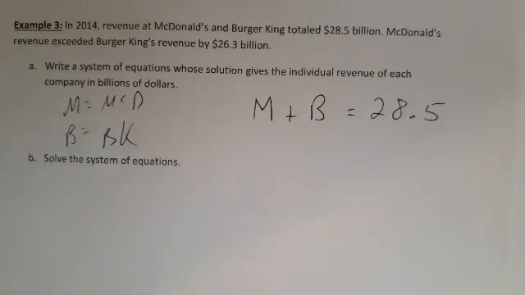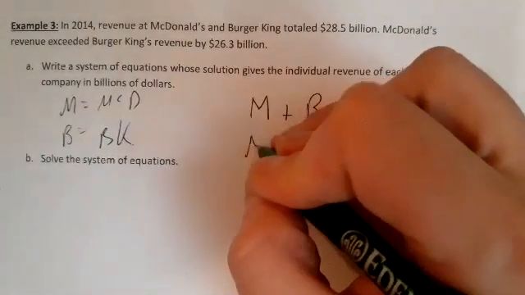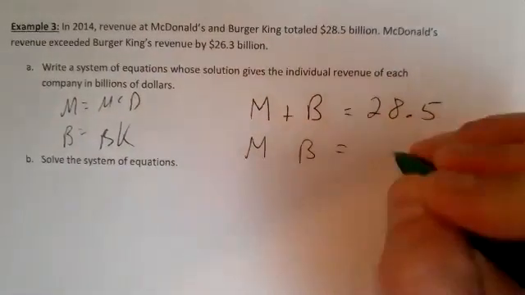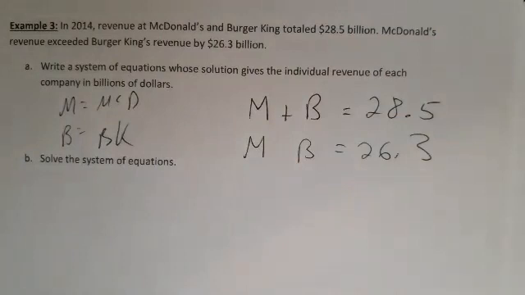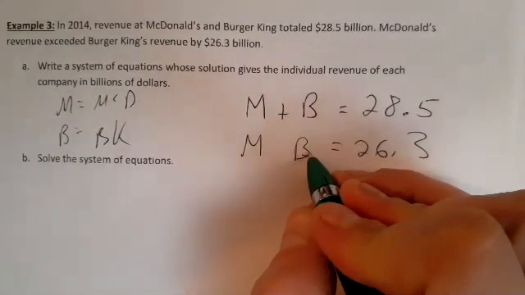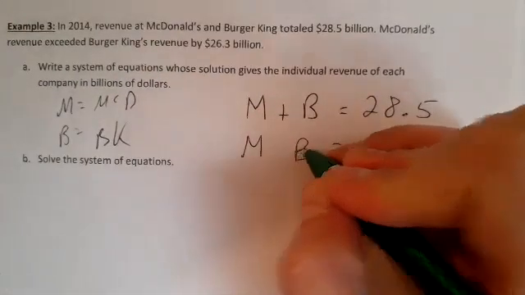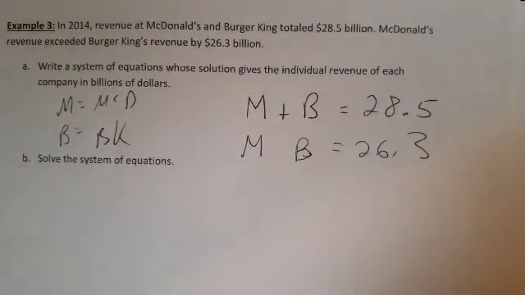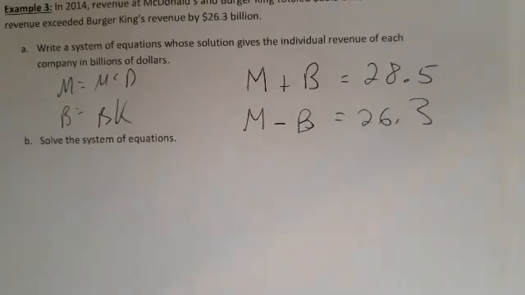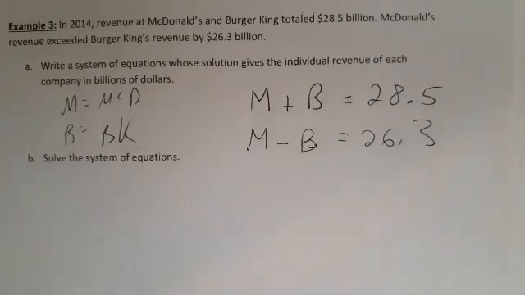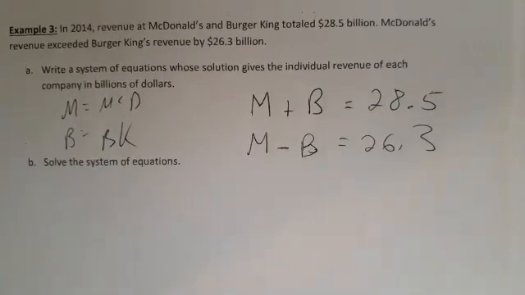The other thing, McDonald's exceeds Burger King by 26.3. If I want to compare these two, what's the operation I'm putting between these two? Subtraction? Yep, subtraction. And if I'm doing this, shouldn't it be million? Or am I going in?